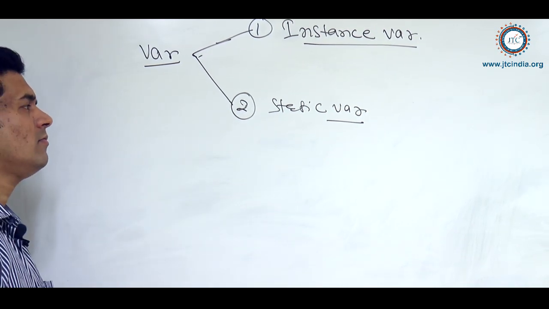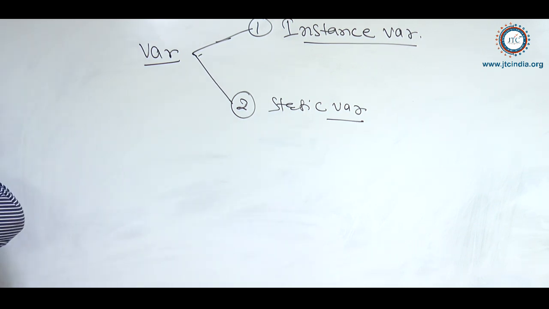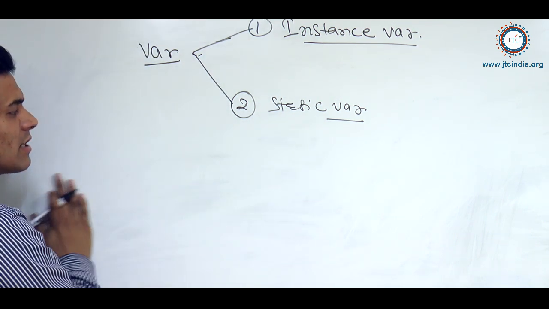Now what is an instance variable, how to define an instance variable and how to define a static variable. I'll show you some things about instance variables and static variables.